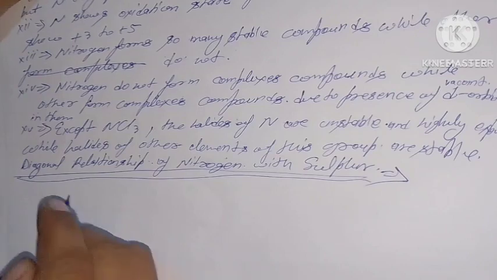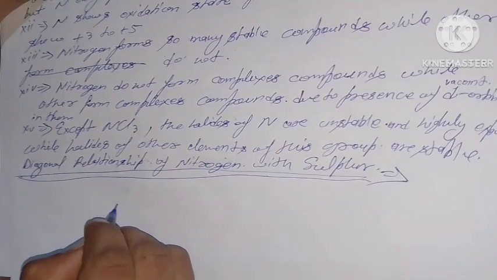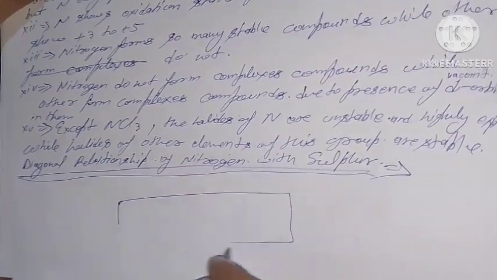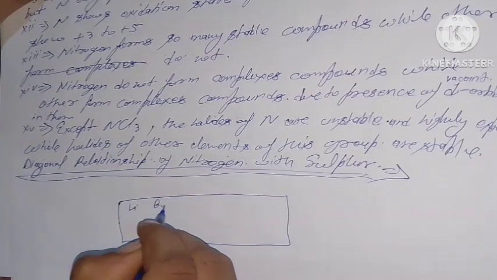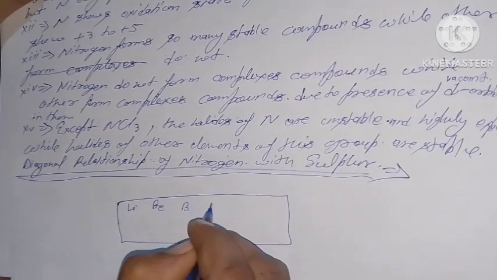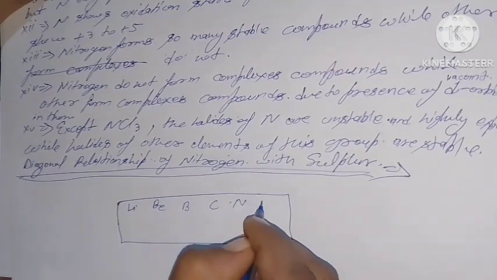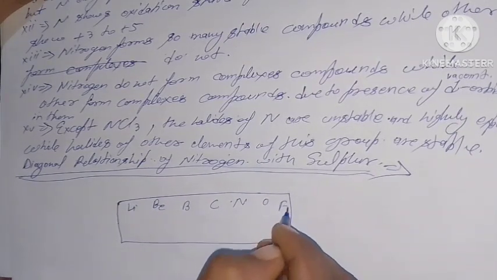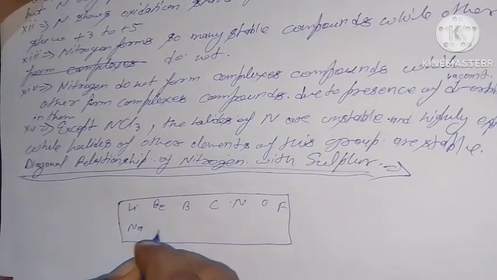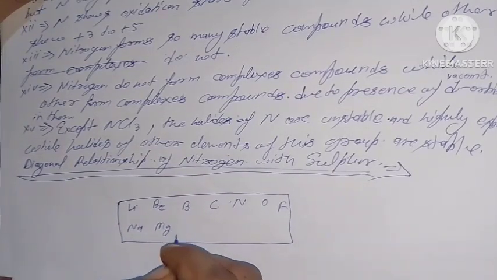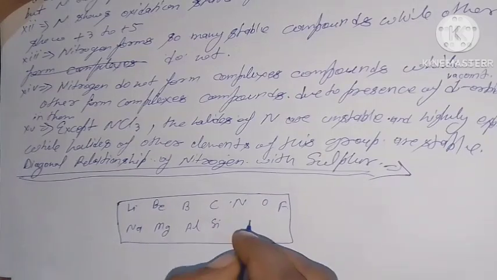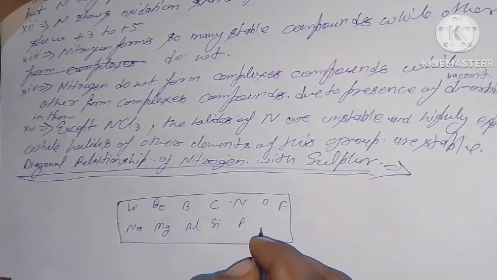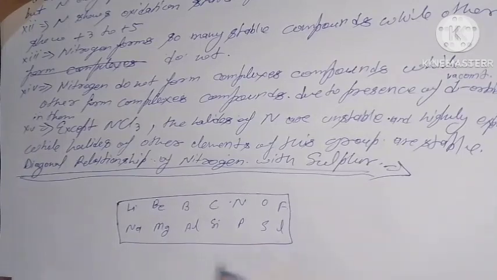You can show an example first: lithium, beryllium, boron, carbon, nitrogen, oxygen, fluorine, sodium, magnesium, aluminum, silicon, phosphorus, sulfur, chlorine.